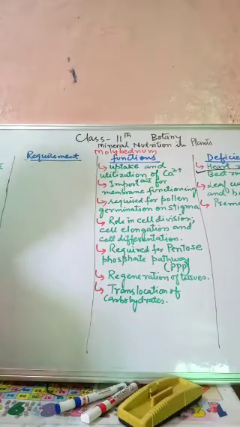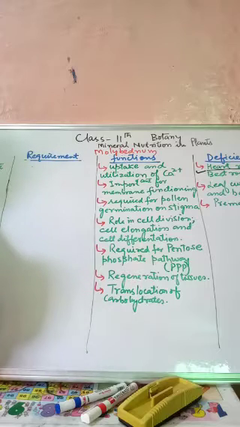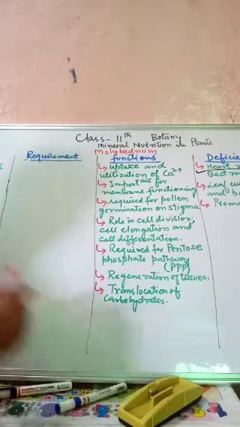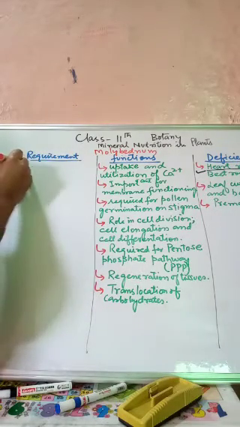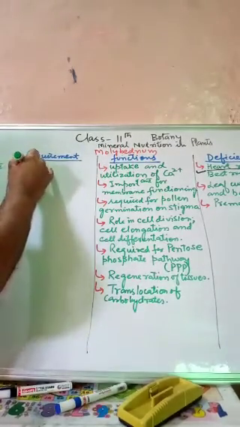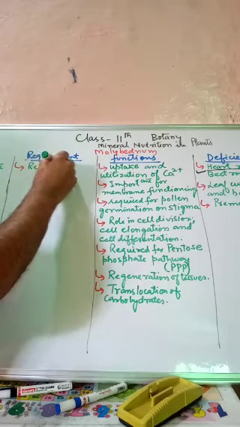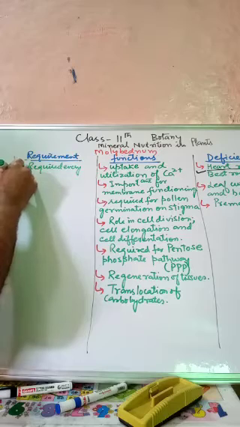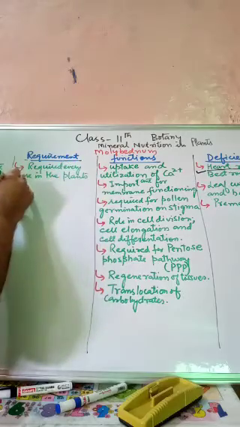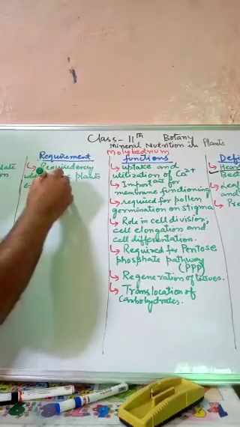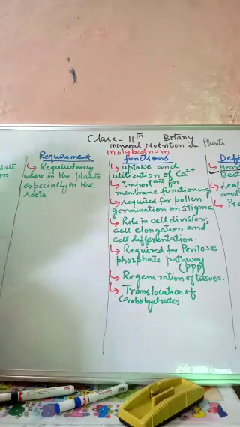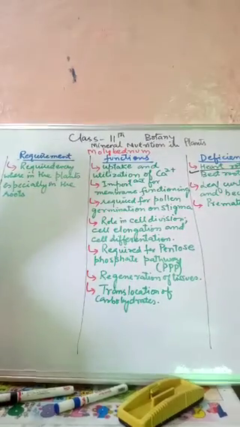Now, where is this molybdenum required? ये कहाँ पर हमको इसकी जरूरत पड़ जाती है? This molybdenum ion is required all over the plant, required everywhere in the plant, especially in the roots, जहां पर इसकी जरूरत पड़ जाती है.